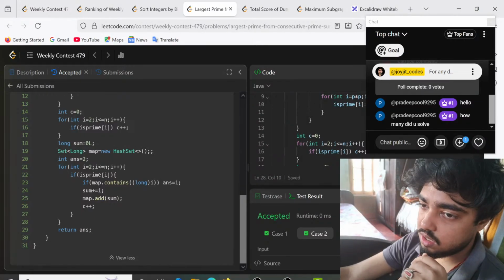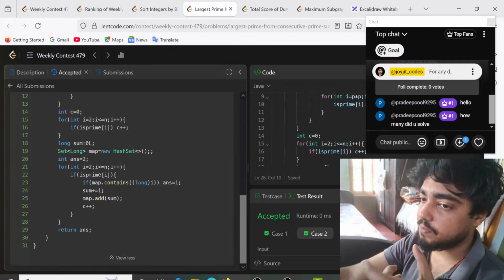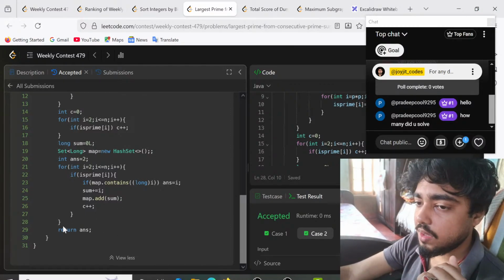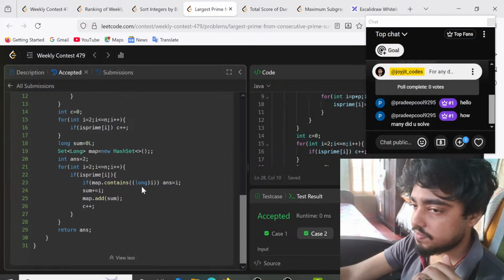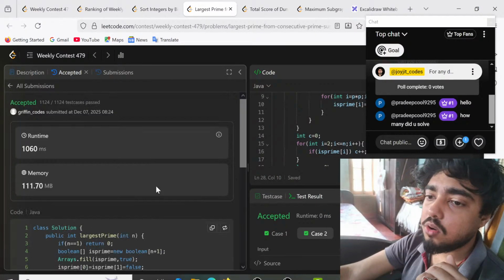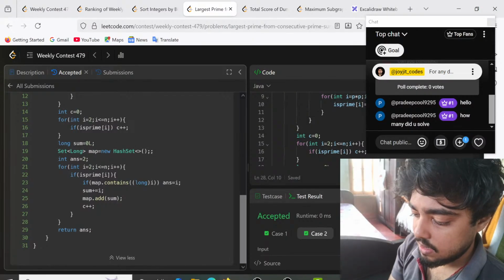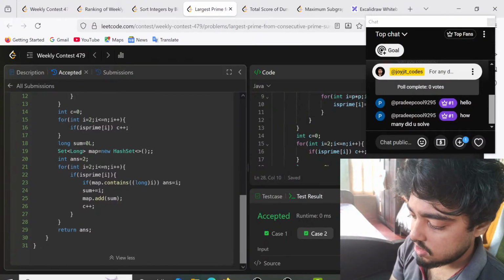So sum plus equals i, and map dot add sum. I can add sum to the set rather. And at the end we can return answer. Any doubt on this? I don't think this is that problematic, but still, if you guys have any doubt on this, you can ask.